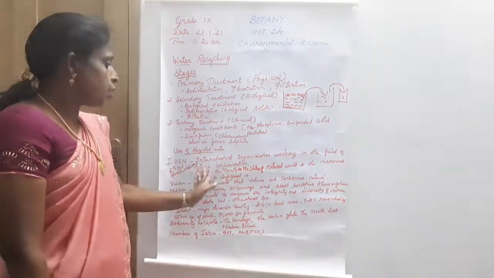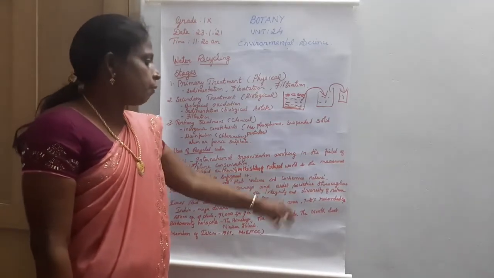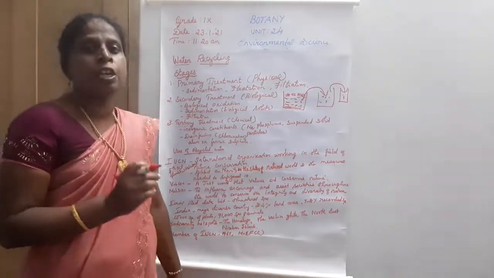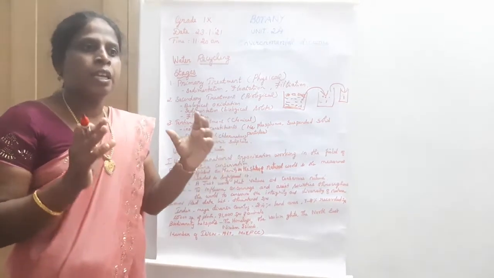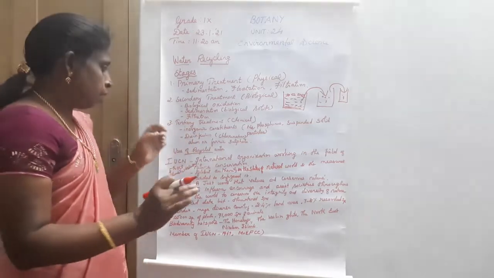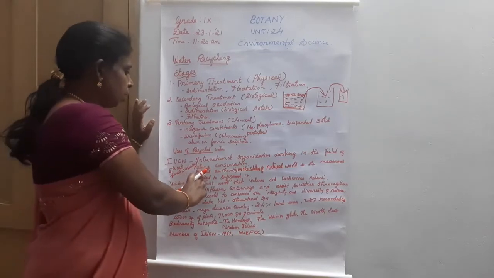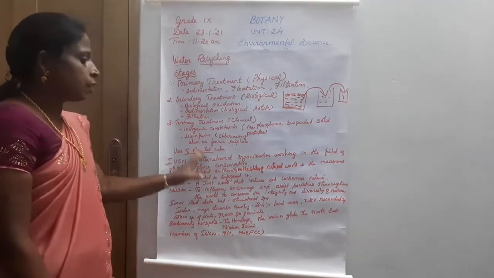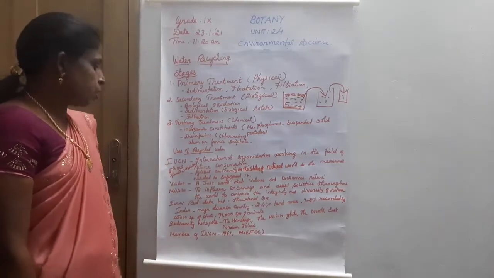IUCN is the global authority on the status of the natural world and the measures needed to safeguard it, so it can safeguard all the living organisms present in nature.